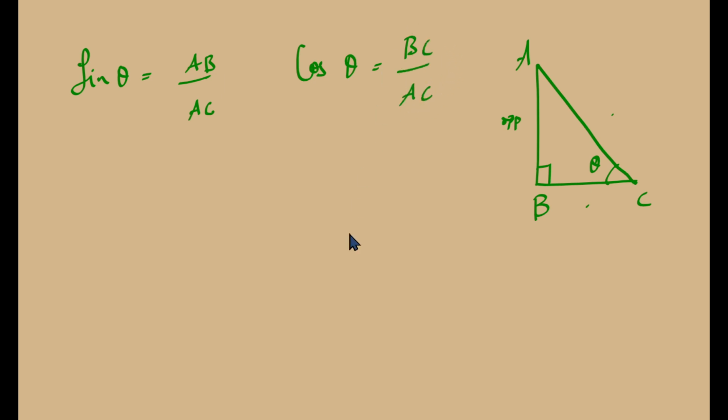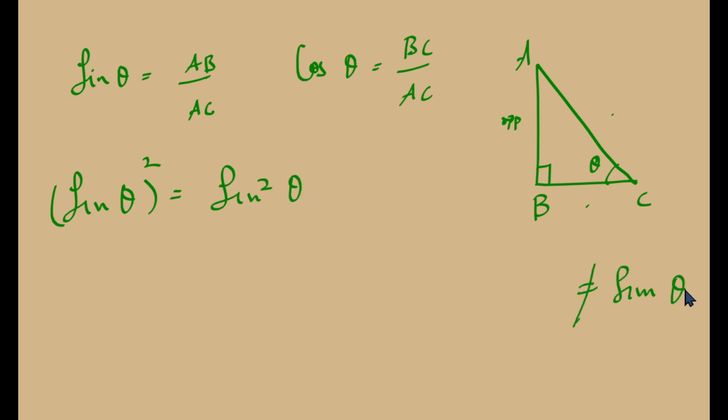Now the previous problem which we did indicates that the relationship is between the squares of sine and cos. So let's try to square and see what happens to both of them. Let's square sine theta first. Sine theta the whole square is equal to sine square theta, and of course it is not equal to sine theta squared.